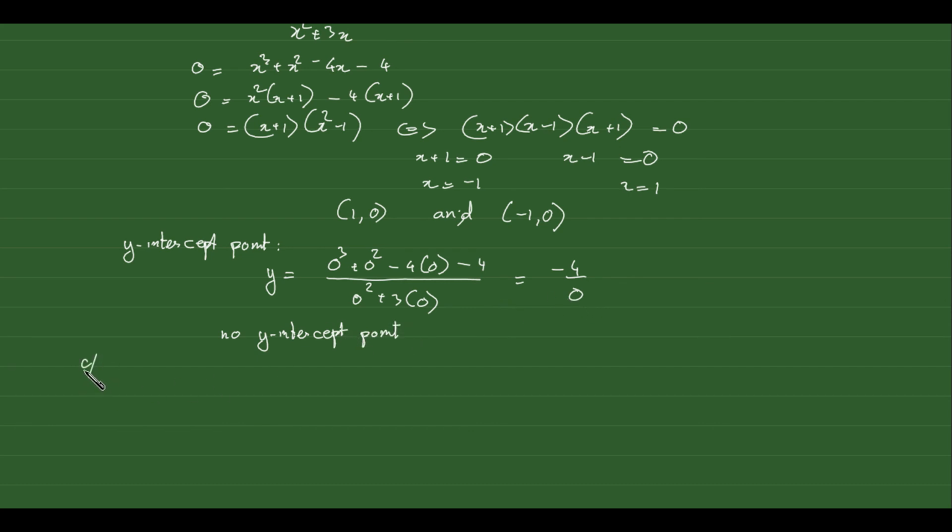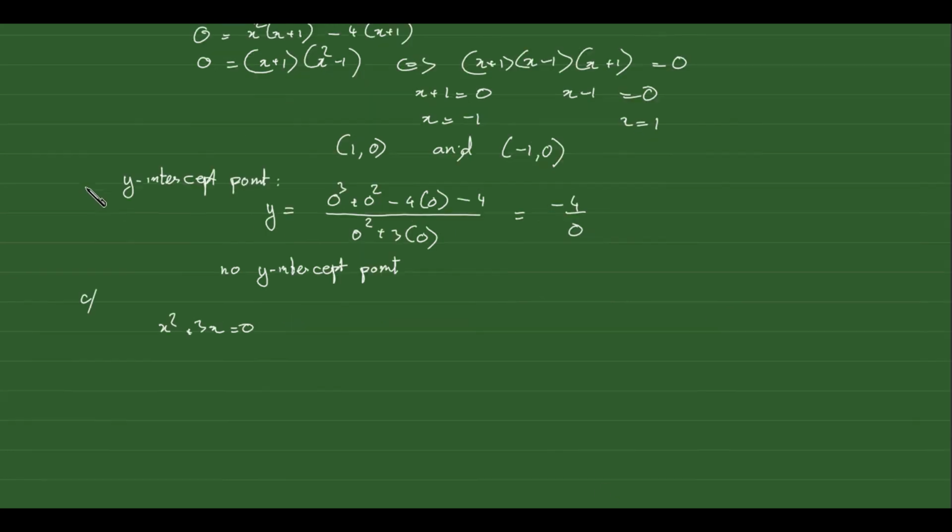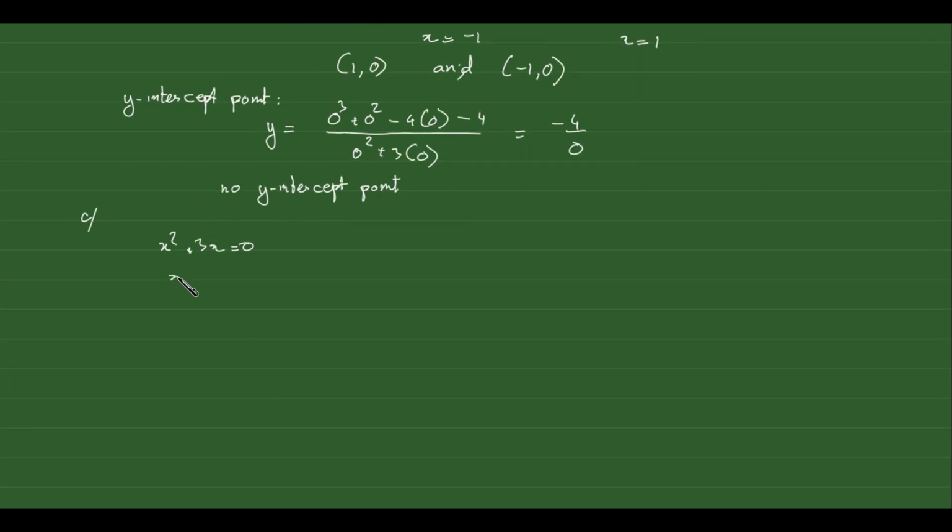Now we're gonna find all asymptotes. We already set the denominator over here, so let's find the vertical asymptotes first. So x equals 0 and x equals -3 are the vertical asymptotes. Do we have a horizontal asymptote?